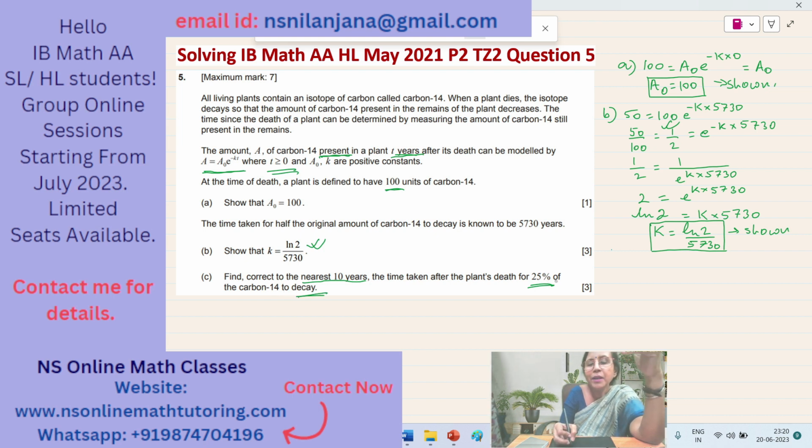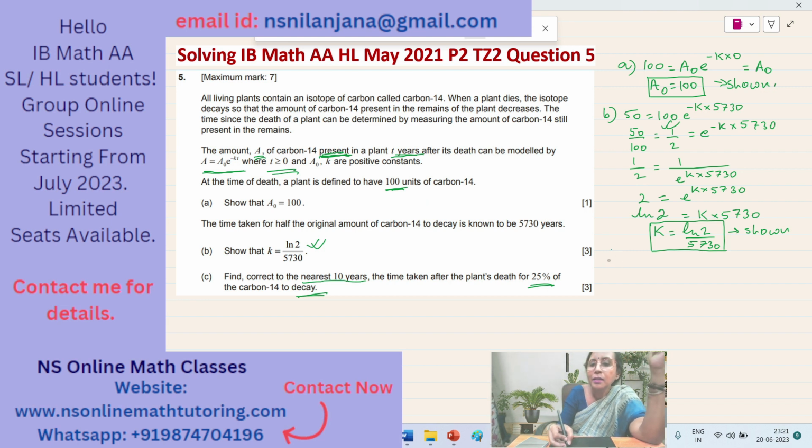If 25% is decaying, then what is remaining? This you have to remember, because A is the amount of carbon-14 that is present. If 25% has decayed, then 75% is remaining. So 75% of 100, because the 100 units is the original amount. 75% of 100 units will be 75. So 75 units will be remaining.